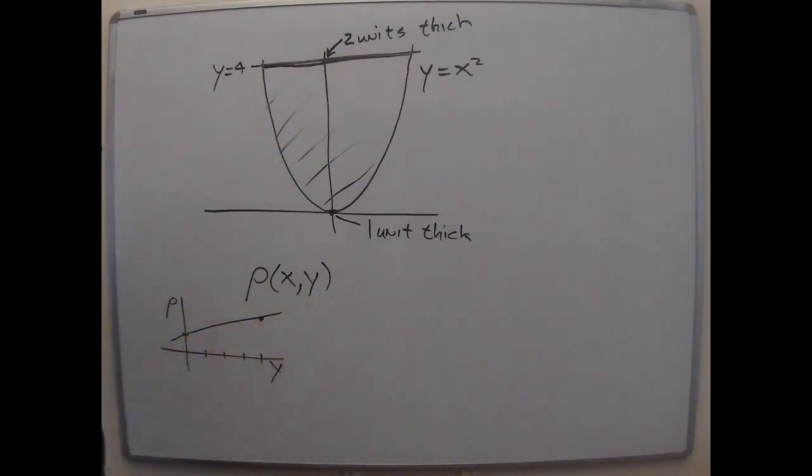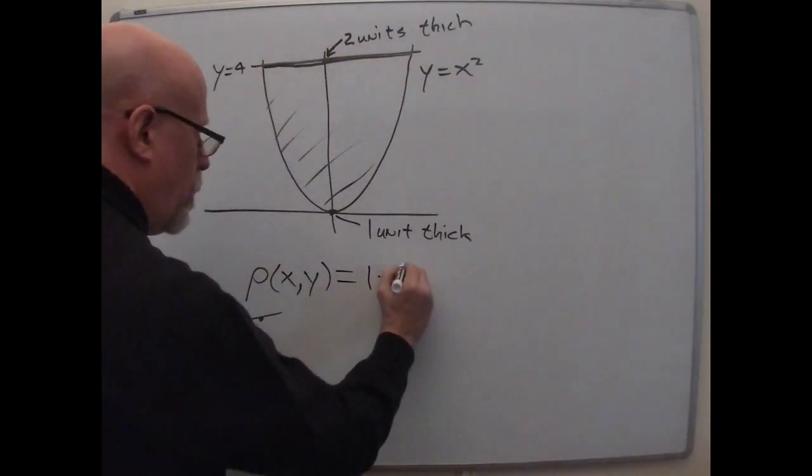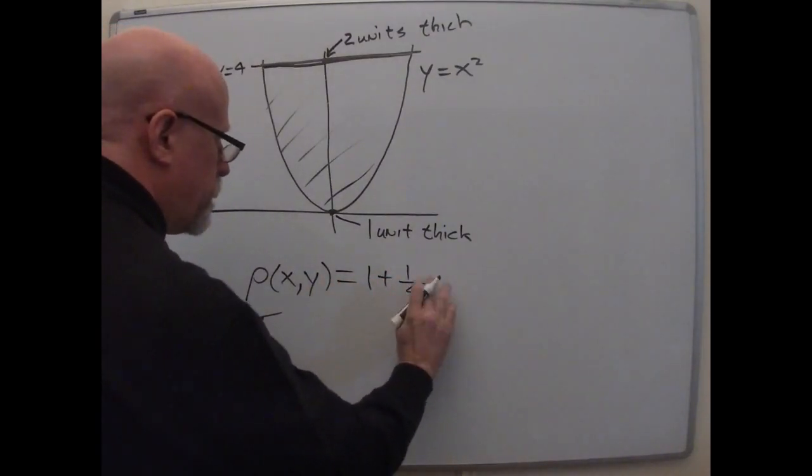Can you tell what the slope of this is? As we move over 4 units, we rise up 1 unit. Yeah, 1/4, and our y-intercept is 1. So rho of xy is 1 plus 1/4 of y.